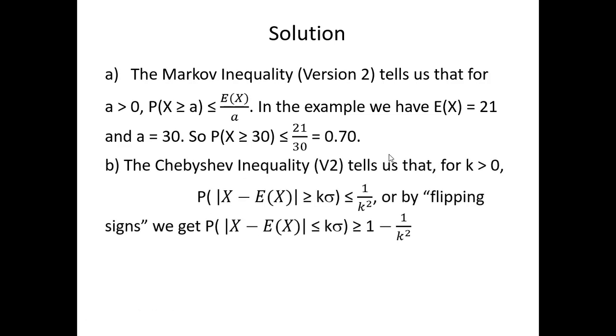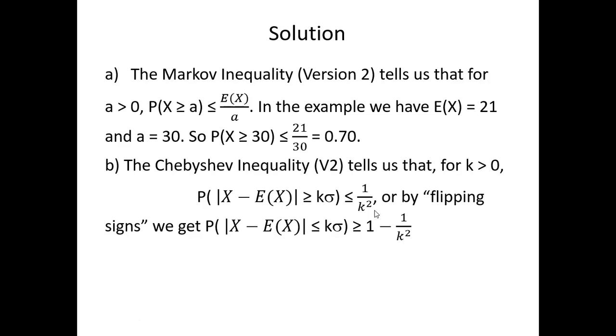For part B, we need to use the Chebyshev inequality, labeled as version 2 in the textbook, which tells us that for a constant k greater than 0, the probability that X minus E of X in absolute value is greater than k times the standard deviation, the probability of this happening is less than or equal to 1 over k squared.